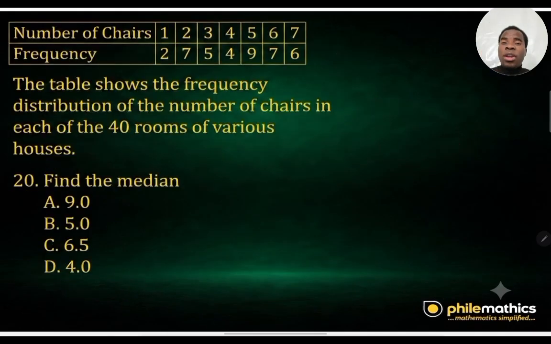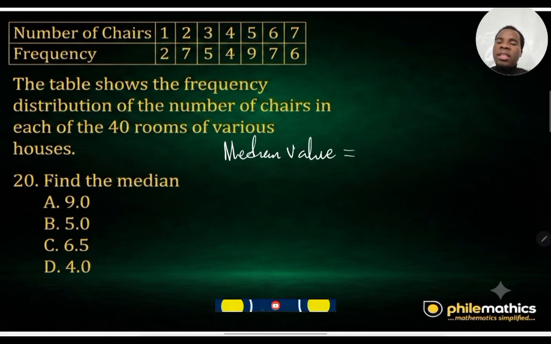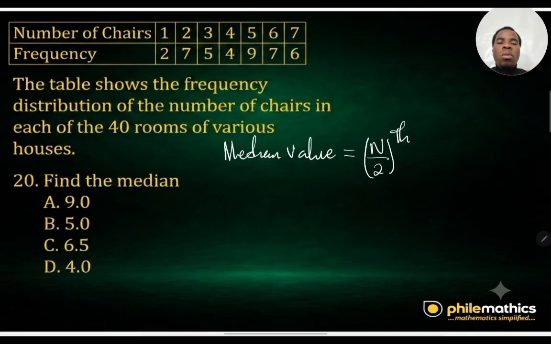The next question requires us to find the median value. Since the number of chairs in each room have a frequency of 40, since 40 is even, the median is at the n over 2 position.